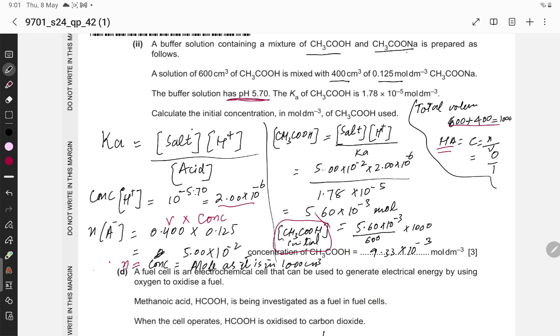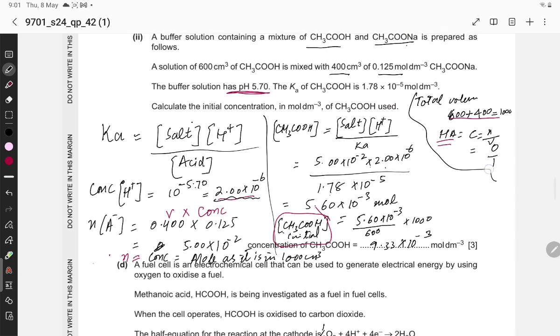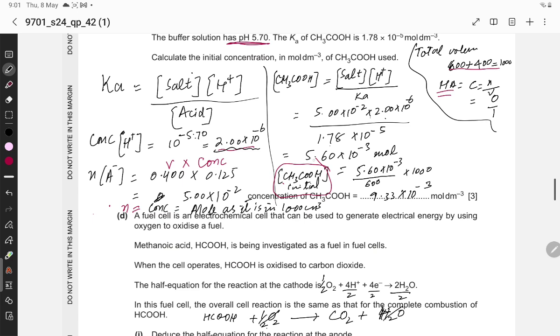We have the values of the salt and hydrogen ion concentrations: 5 into 10 raised to minus 2 into 2 into 10 raised to minus 6, divided by the Ka value, 1.78 into 10 raised to minus 5, which is given. So the amount of this is equal to 5.60 into 10 raised to minus 3 mole.